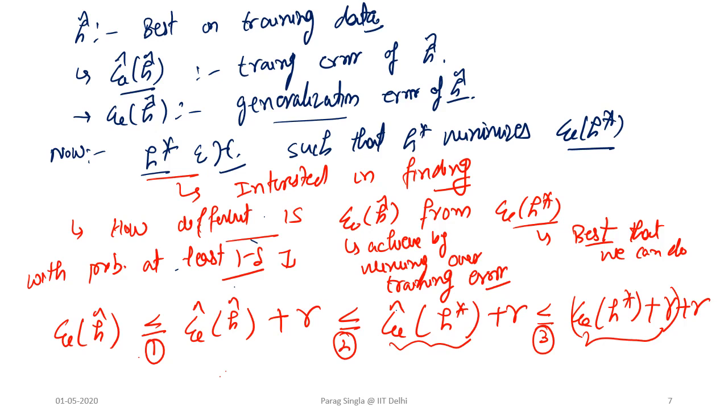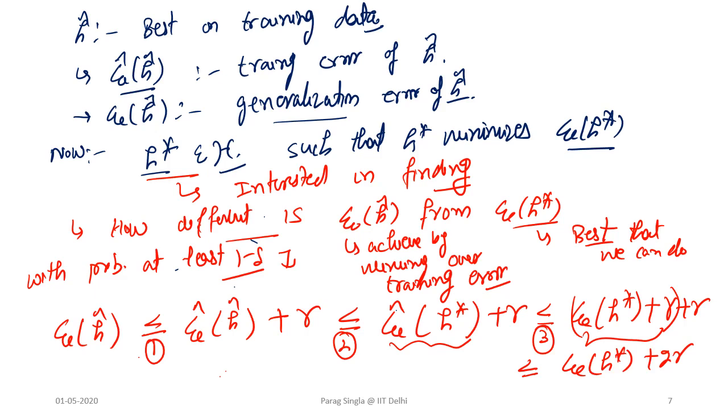Therefore, we get that epsilon hat of h star is less than or equal to epsilon of h star plus gamma, and the second gamma is just copied over, and we essentially get epsilon of h star plus 2 gamma. And all this holds with probability at least 1 minus delta.